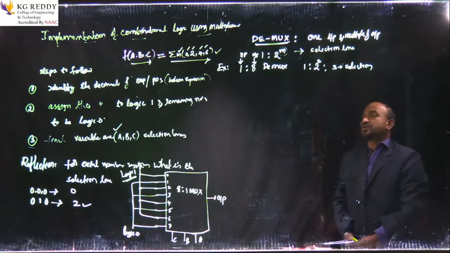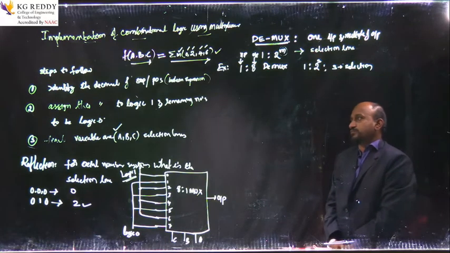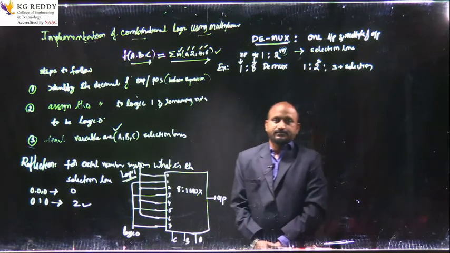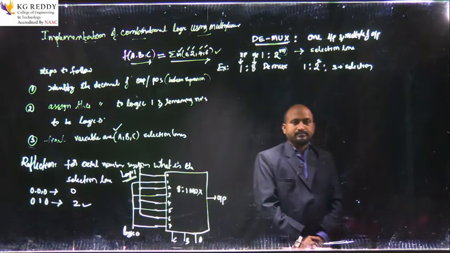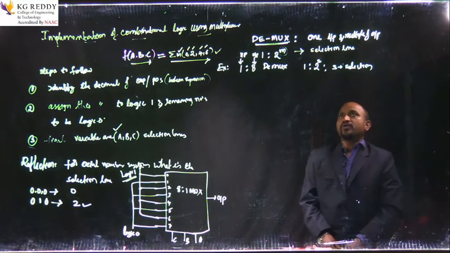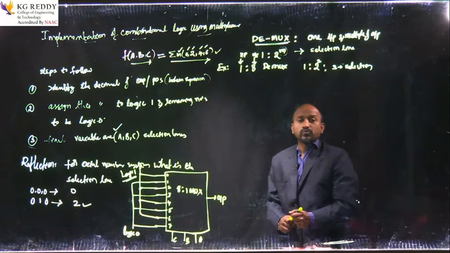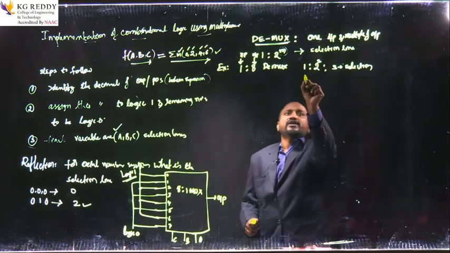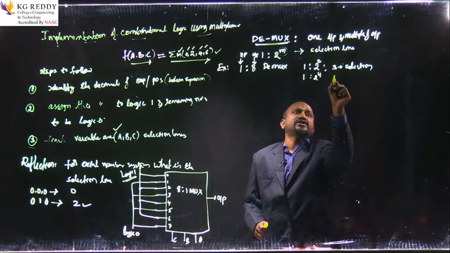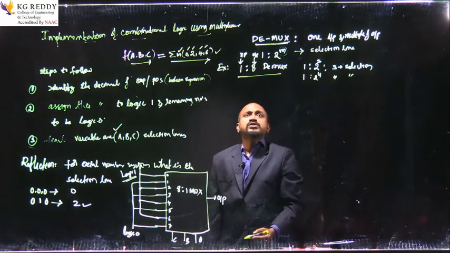For 1 is to 16, the selection line count is 4. We can write 1 is to 2 power 4, which is 16, so 4 is the selection line.